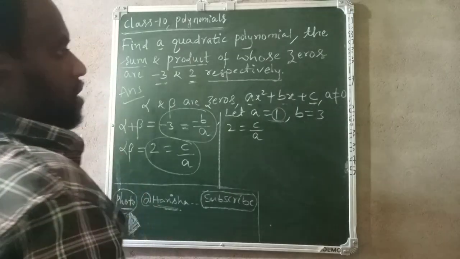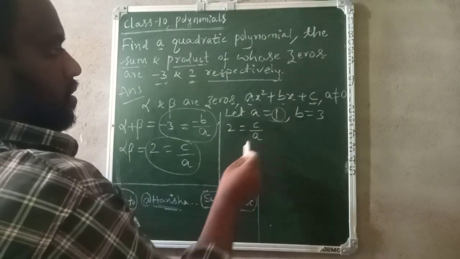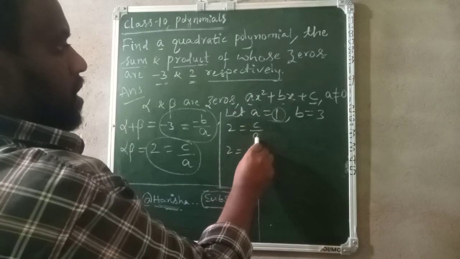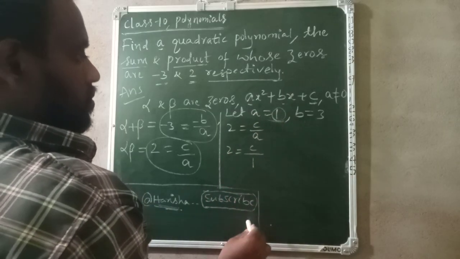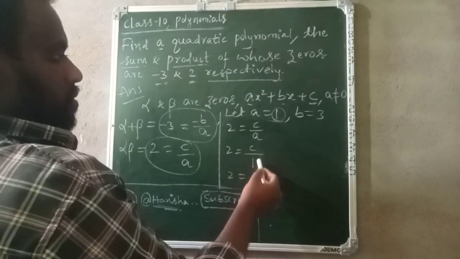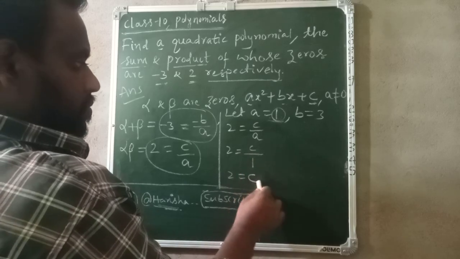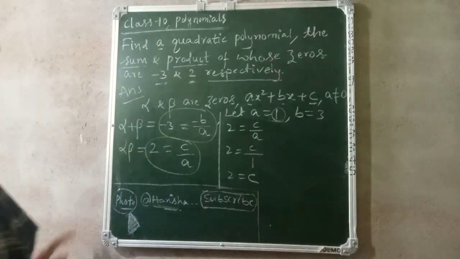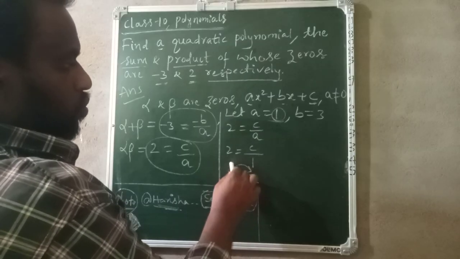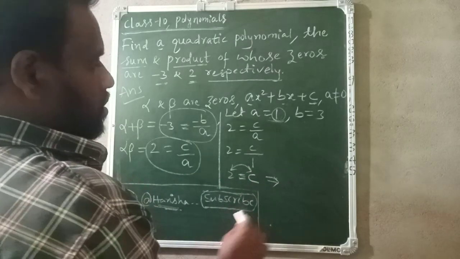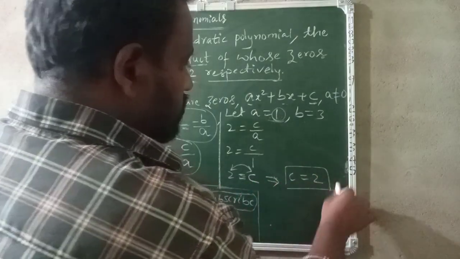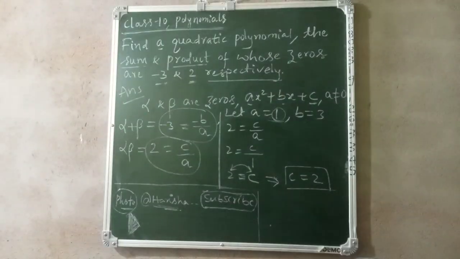Substitute a is equal to 1 here. So 2 is equal to c by 1. Next step, c divided by 1 we get c only. Because of this equal sign we can interchange these two. So that implies 2 is equal to c, or c is equal to 2. Both are correct.